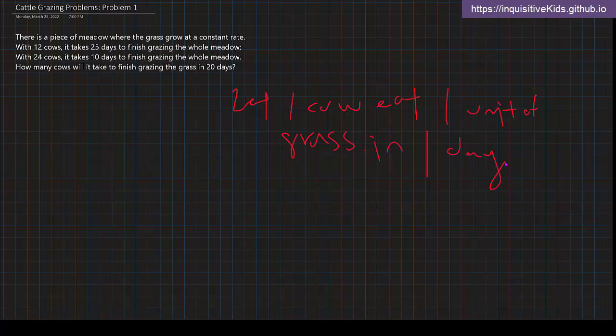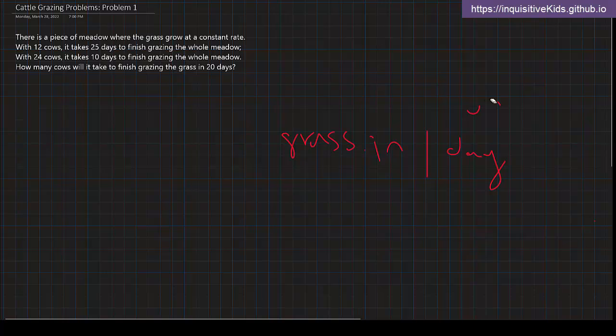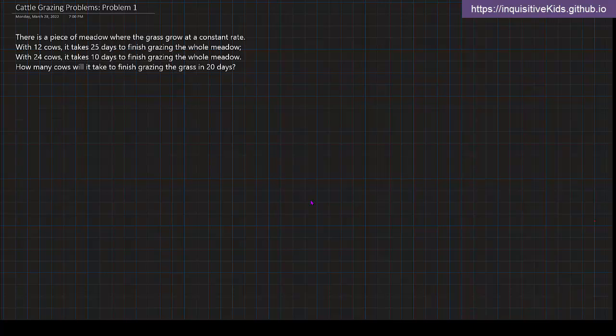So this should be at the top of every single solution you write for these problems, because this is what will make your calculations a bit easier, because we won't know exactly how many days, how many cows, and how fast they are eating right away. So it's always good to just pretend and let something be something. So let's dive into our first problem.